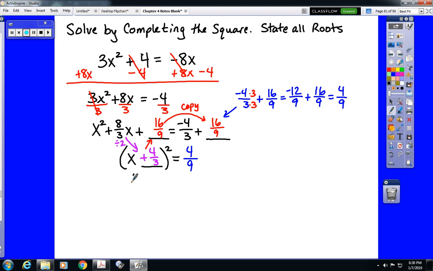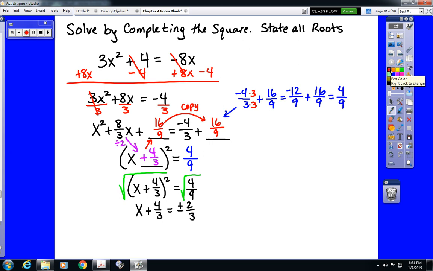So we have x plus 4/3 quantity squared equals 4/9. That's a square root problem. So we take the square root of each side, which gives us x plus 4/3 equals plus or minus 2/3, because the square root of 4 is 2 and the square root of 9 is 3.